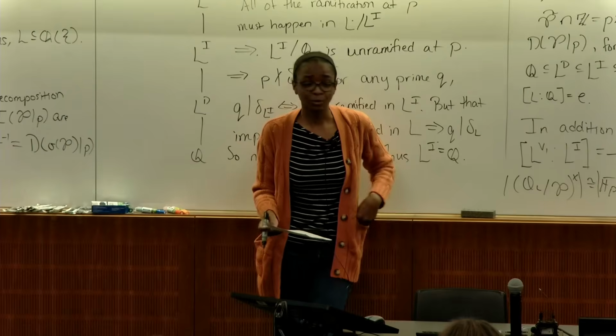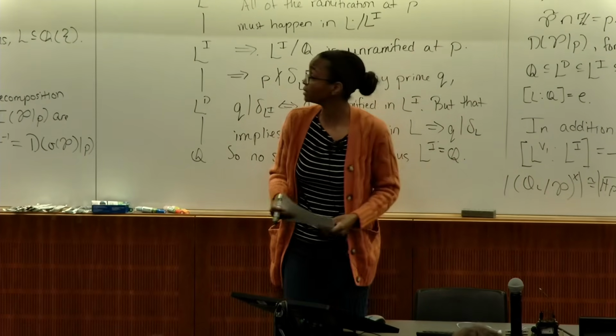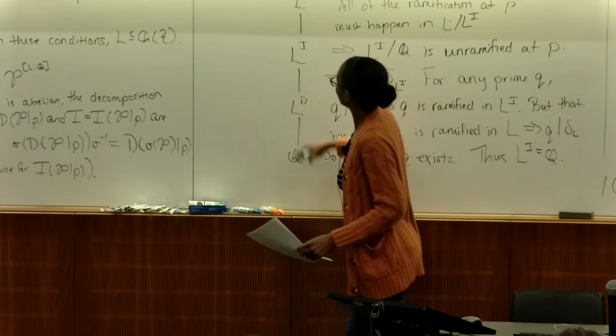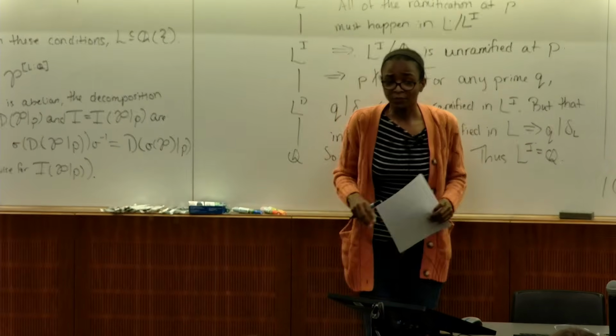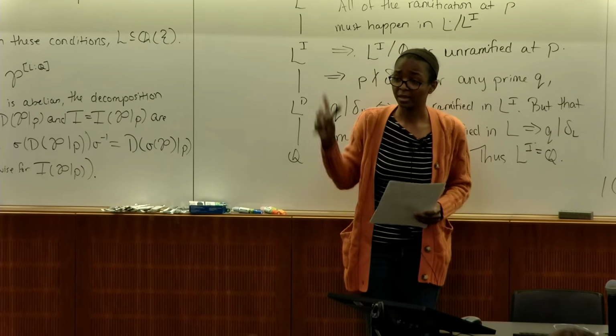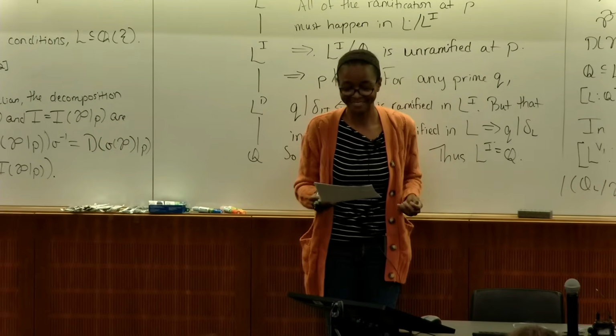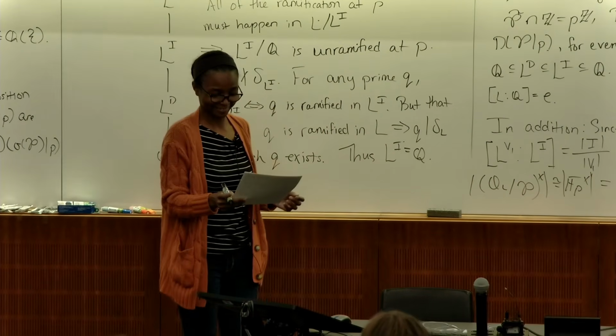But this is a subgroup, so the degree of this extension has to also divide the degree of this overall extension. So I'm asking you to find me an integer that divides something that is relatively prime to P and something that is a Pth power. What is it? 1. It's 1.